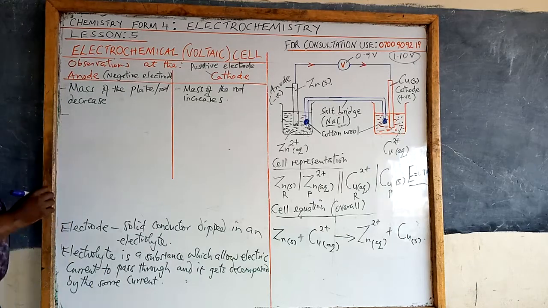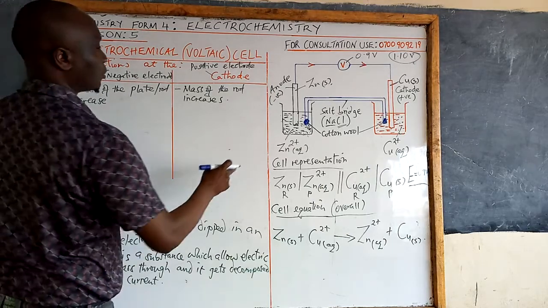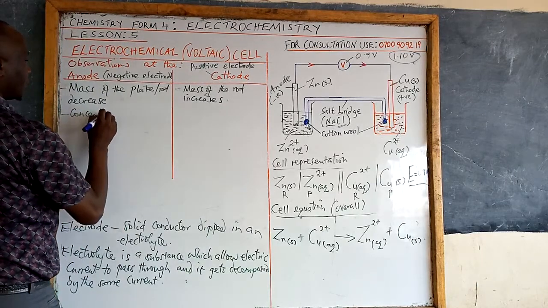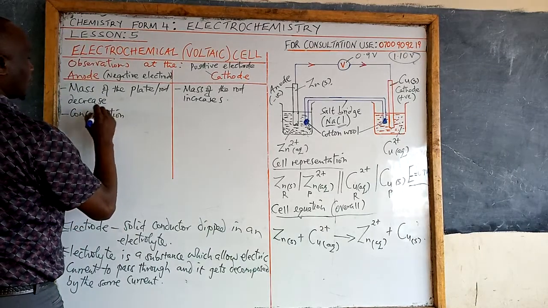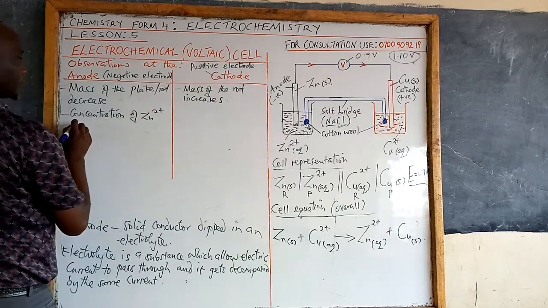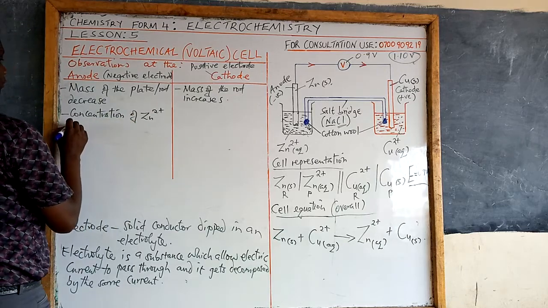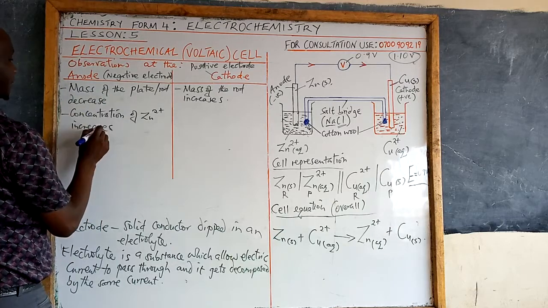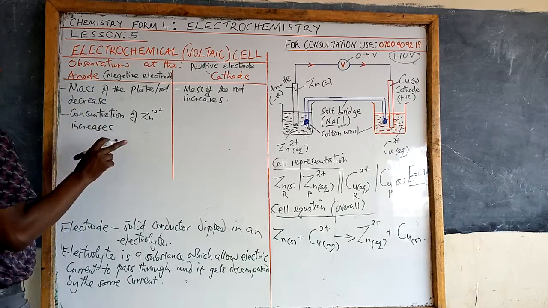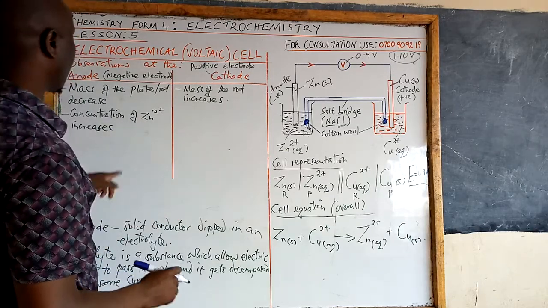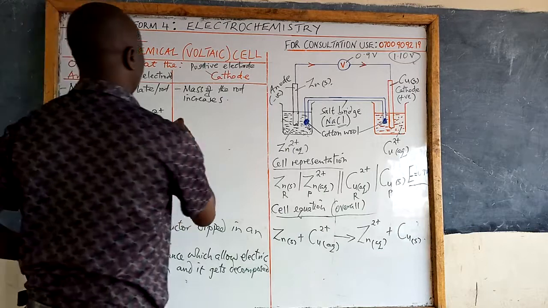What will be observed in terms of the solution? Here the concentration of zinc ions increases, because the atoms are going into the solution, forming more zinc ions.